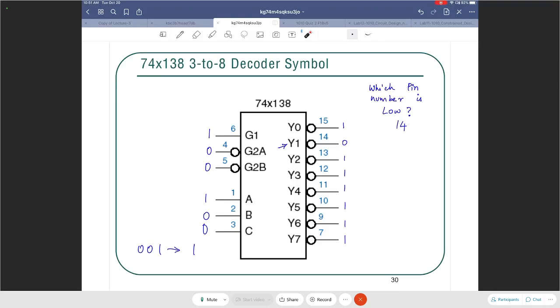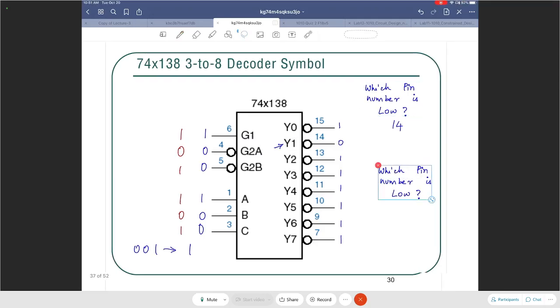Now let's do something different, and for the thing that is different, we will use a different color. What about this? Same question. Which pin number is low? For the input case in red.